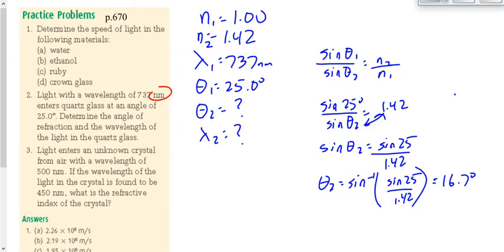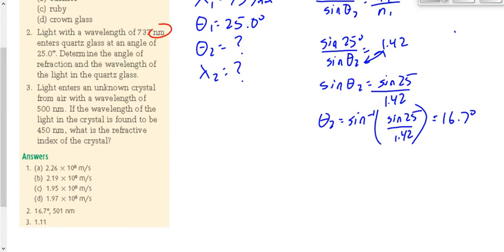Let's take a look at the wavelength of the light in the quartz glass. Now, this is easier because we don't have to deal with the inverse sine, right? We're just going to say lambda 1 over lambda 2 equals n2 over n1. One of the common mistakes that people make with this, by the way, is that people forget to go n2 over n1. They get in that habit of 1 over 2, 1 over 2, 1 over 2. Okay, it's n2 over n1. Lambda 1 is, what do we say? It was 737 nanometers.